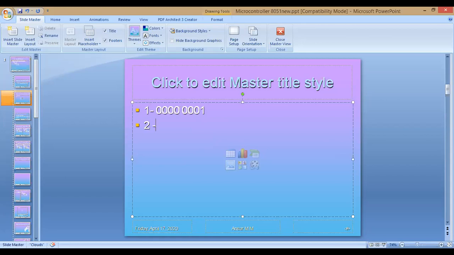We can represent 2 as 0010, then 3 as 0011, then 4.